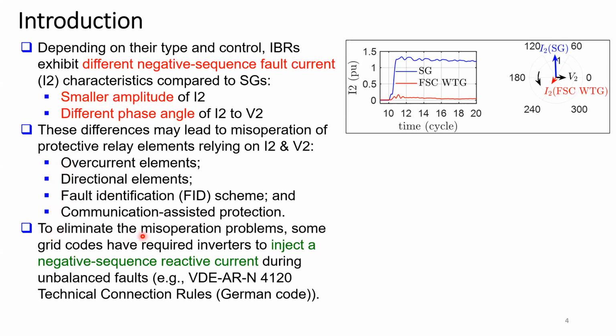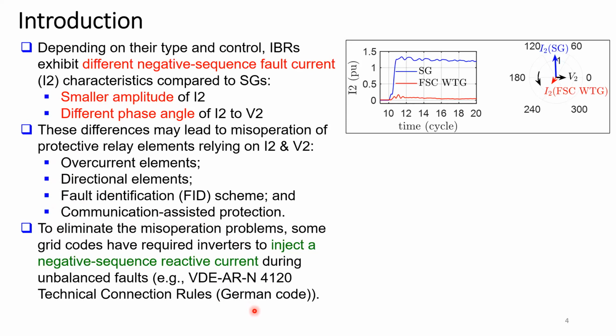To eliminate these misoperation problems, recently some countries have revised their grid codes to require inverters to inject a negative sequence reactive current during unbalanced faults. An example of these grid codes is the recent VDE-AR-N 4120 technical connection rule, which we refer to as the German grid code in this paper.